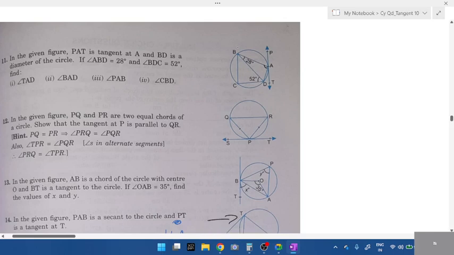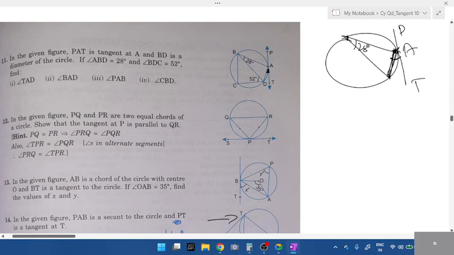No, BAT or DAT. DAT is correct. DAT is 20. Which theorem? No, no. Which theorem did you use for that? Correct. Your answer is right, but which theorem did you use? Alternate segment theorem? Yes.